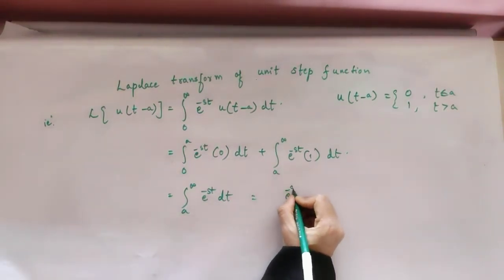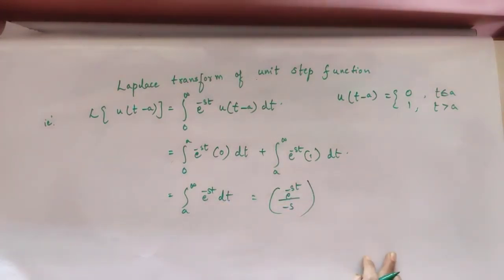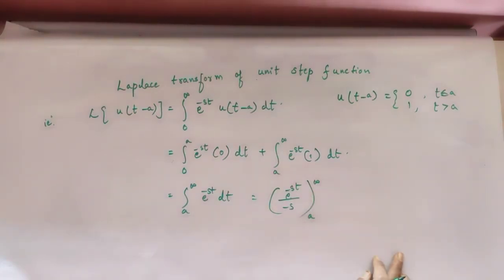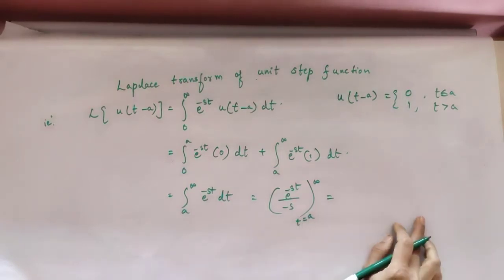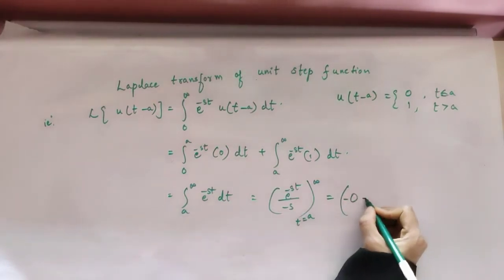The integration of e to the power minus st is e to the power minus st divided by minus s, with limits from a to infinity. Here t is varying from a to infinity. When you put t as infinity, e to the power minus infinity will be 0, so the upper limit gives 0, minus the lower limit.